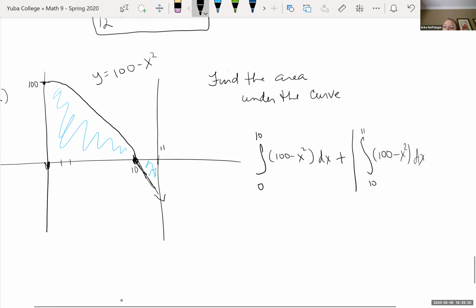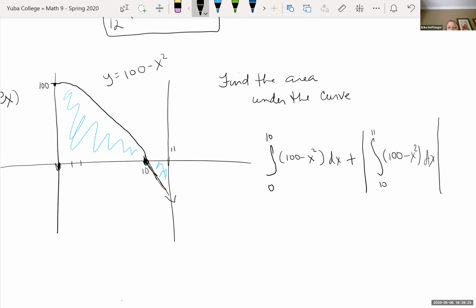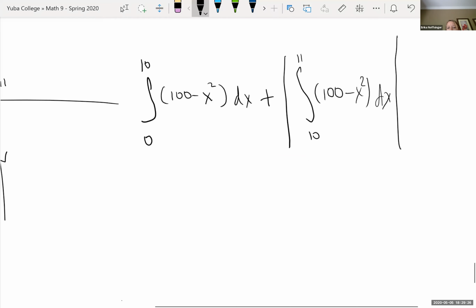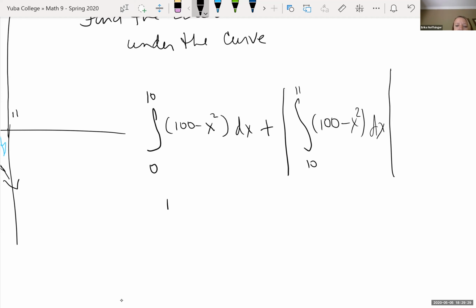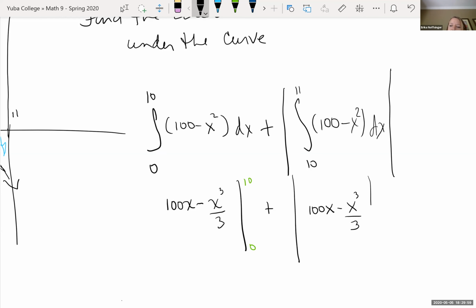Okay, so taking the antiderivative of 100 is just 100x, minus the antiderivative of x squared, which is x cubed over 3, and we're evaluating this from 0 to 10, plus the whole absolute value. Take the antiderivative of this: 100x minus x cubed over 3, absolute value of that, but we were evaluating that from 10 to 11.